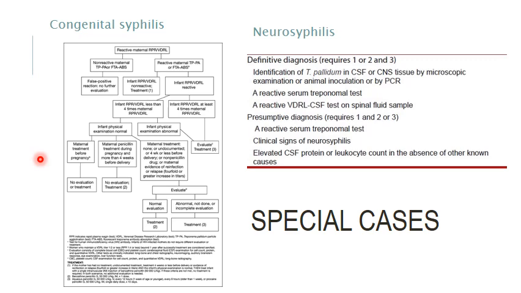Some babies are definitely lucky in that they don't get infected. But once you have a reactive maternal treponemal test, you have to consider testing the baby as an important step of the perinatal care.